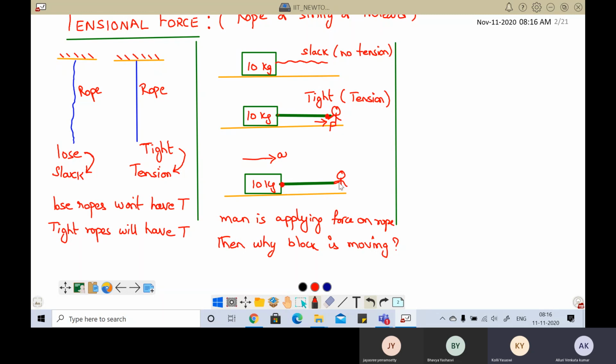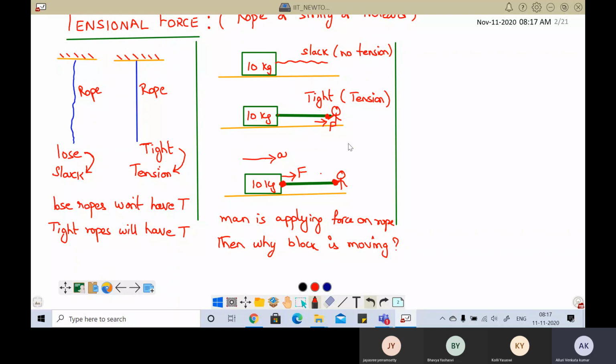So that means when the rope is tight, suppose you are applying some force here. The same force will be applied here also. Correct or not? So whenever the rope is tight, there will be force at both ends of the rope. This is a very, very important point.